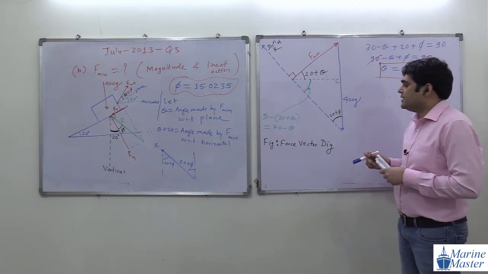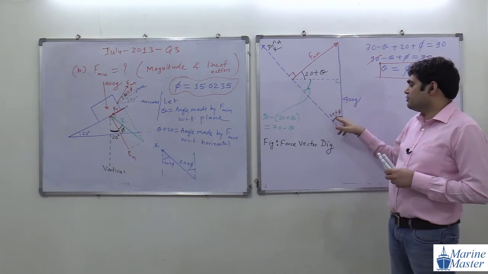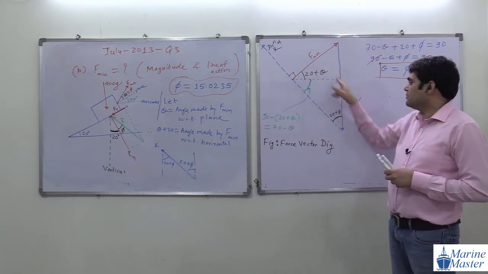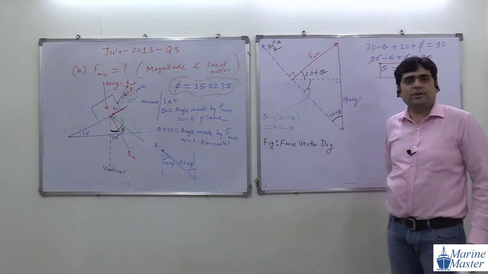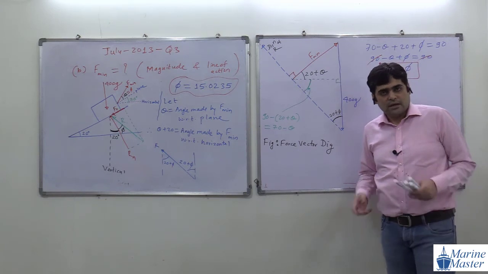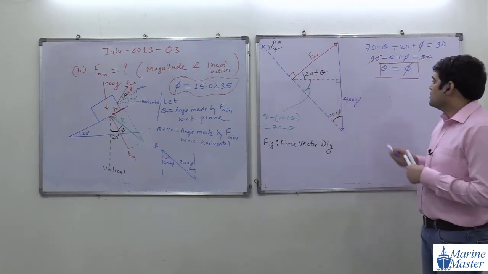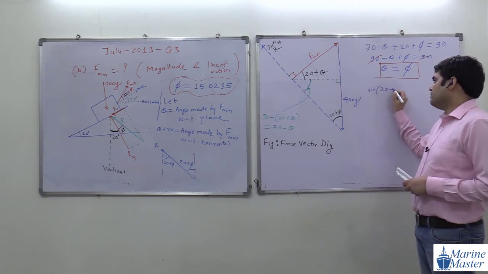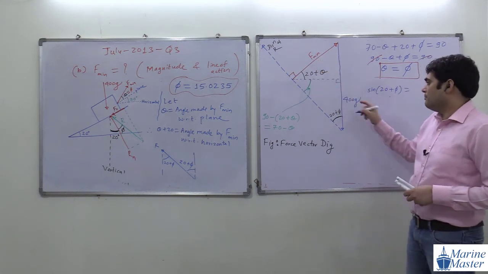What is our target? What do we have to find out? F minimum. F minimum, the angle 20 plus phi we know. Opposite to it is F minimum, and 400 g is our hypotenuse. Opposite and hypotenuse, what is the relation? Sine. So sine of 20 plus phi will be equal to F minimum by 400 g.